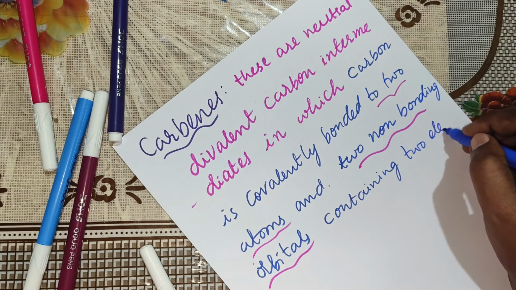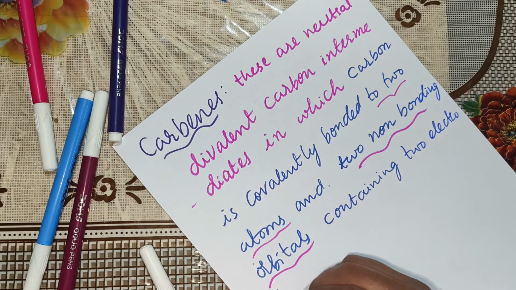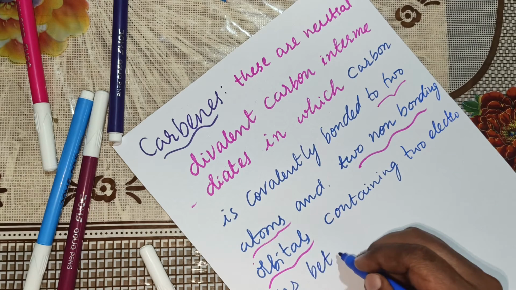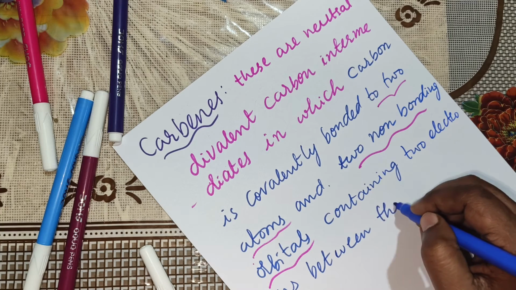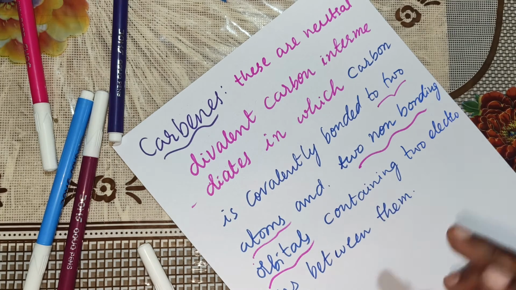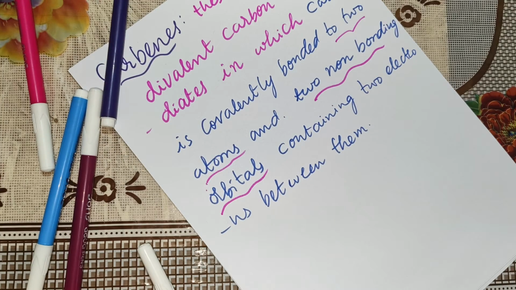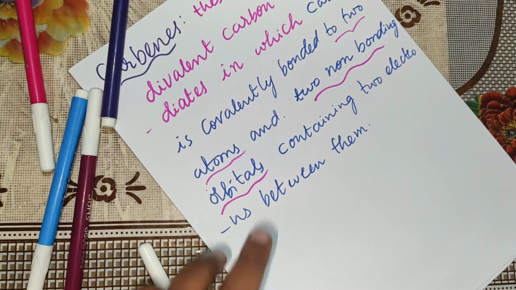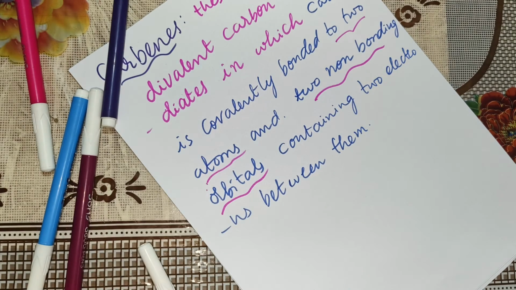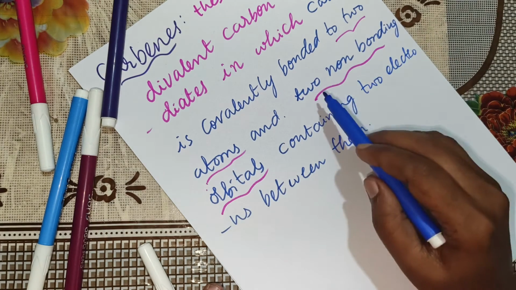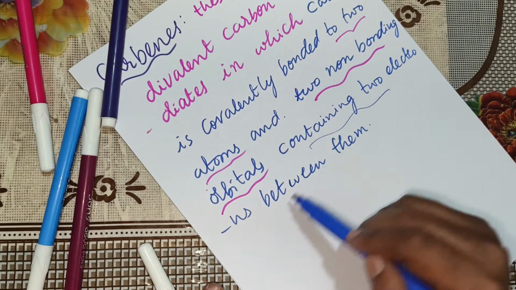Carbon has 4 valence electrons, unpaired in the first excited state. Among the 4 unpaired electrons, 2 form 2 bonds with 2 atoms, and the remaining 2 unpaired electrons remain between them.